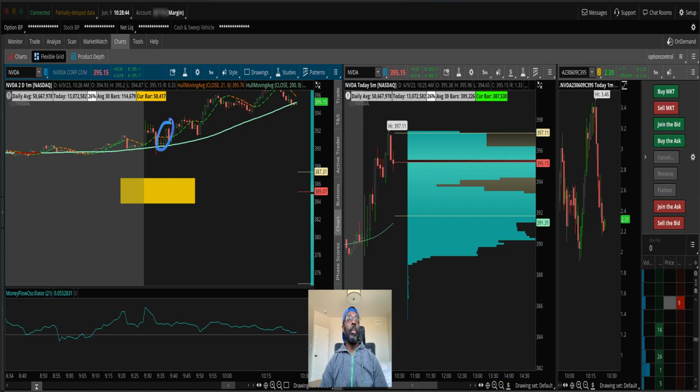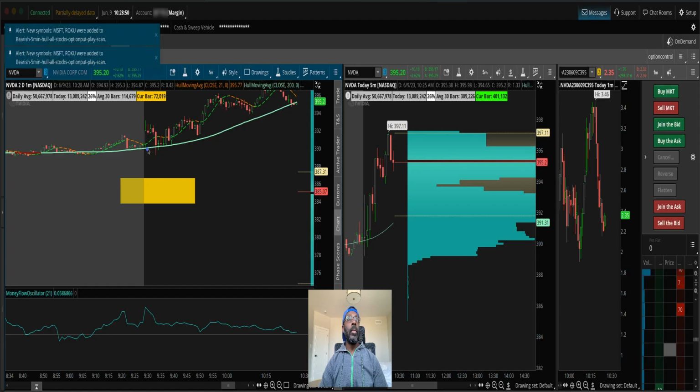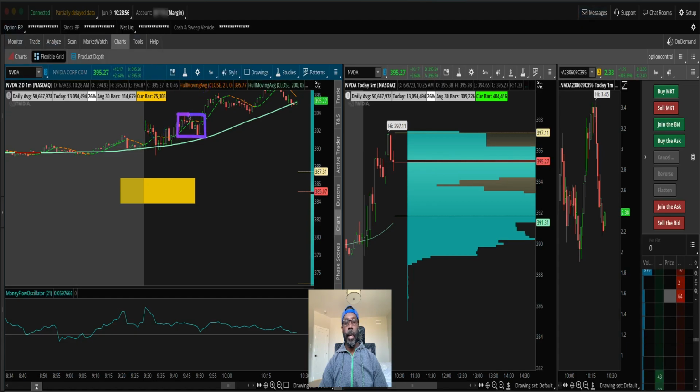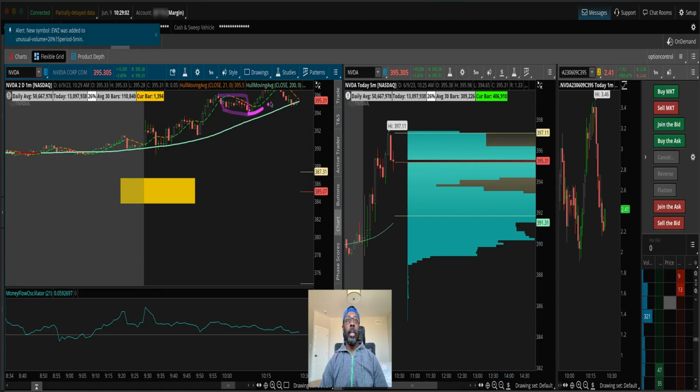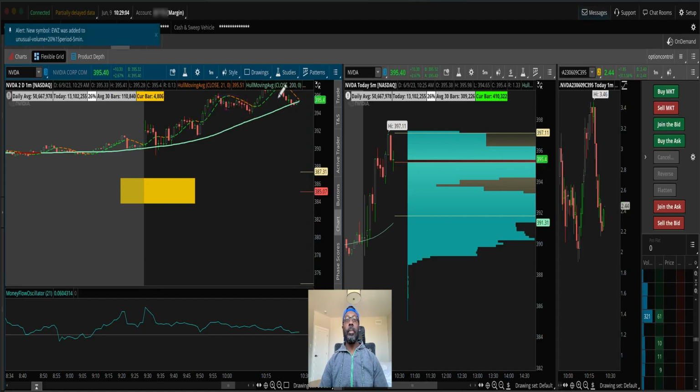I'm looking at this setup right here, and I'm taking my position. I understand what's going to happen. So there's going to be that retracement right here, and then it's going to rip. There's going to be consolidation, then it's going to rip again, right?